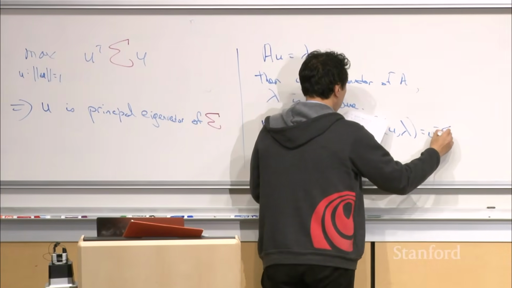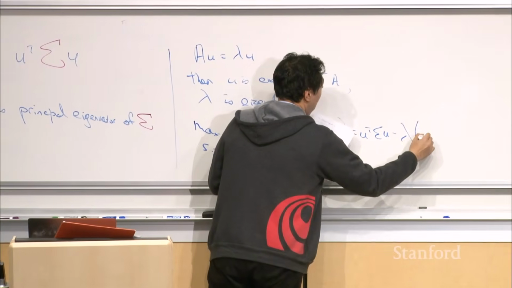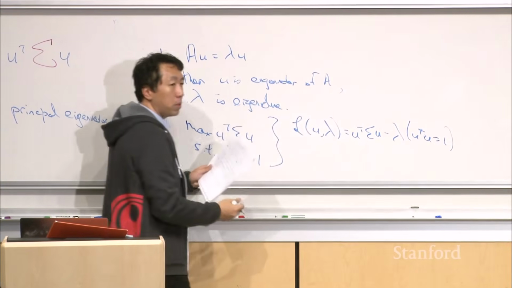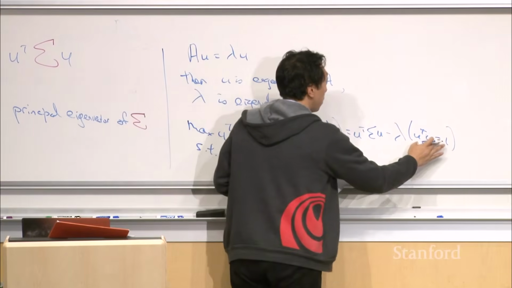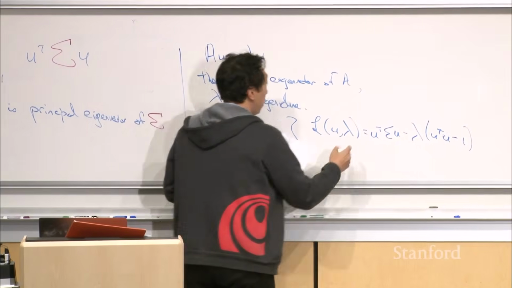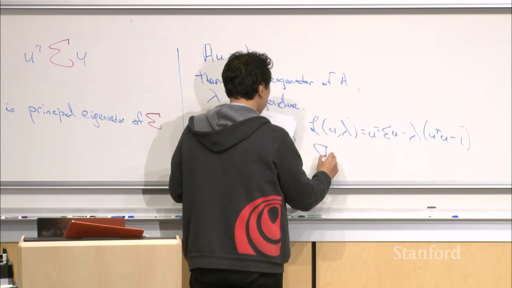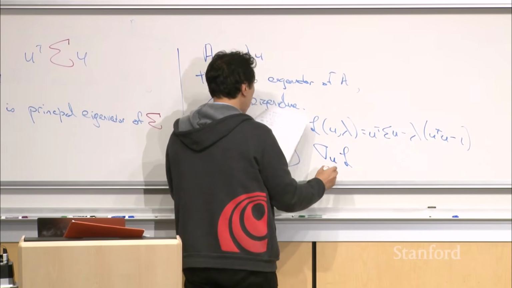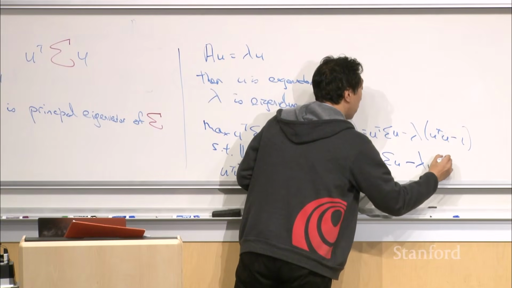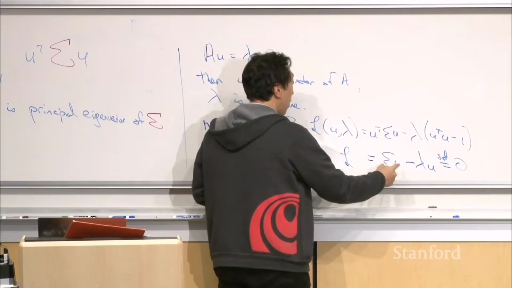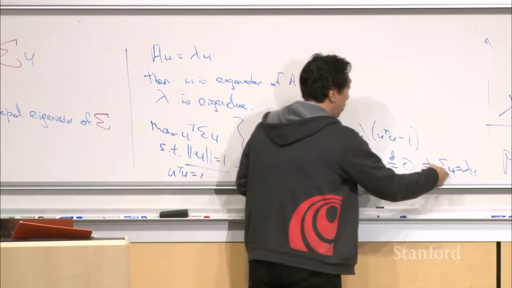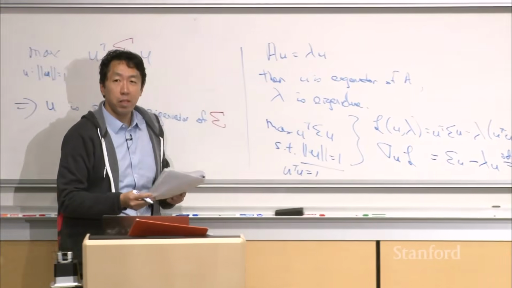To solve a constrained optimization problem like that, you form a Lagrangian. The constraint is u transpose u equals 1. Then you take derivatives with respect to u of the Lagrangian, which gives sigma u minus lambda u, and set it to 0. That is why you get sigma u equals lambda u, and thus u must be an eigenvector of the covariance matrix sigma.